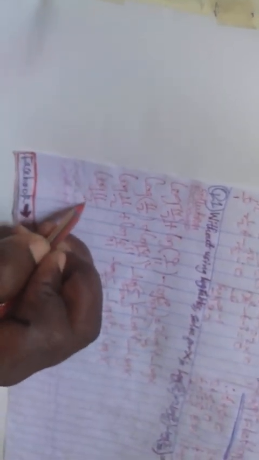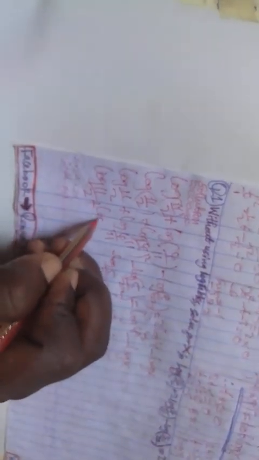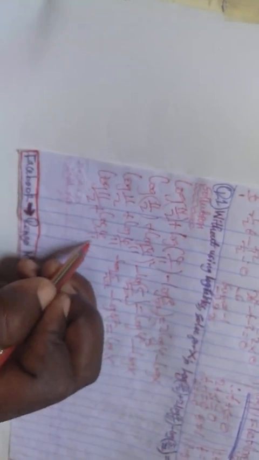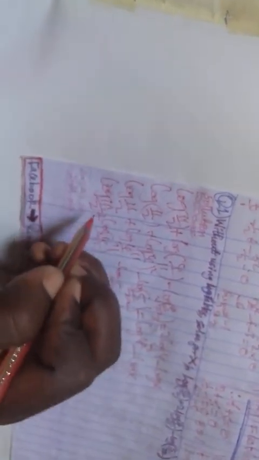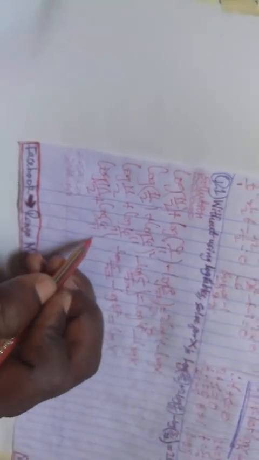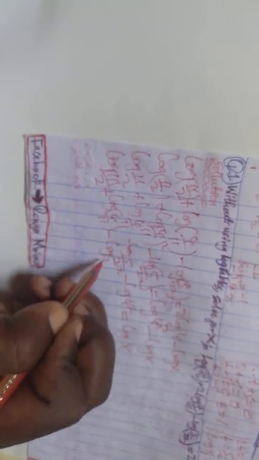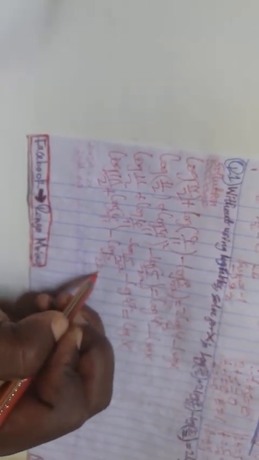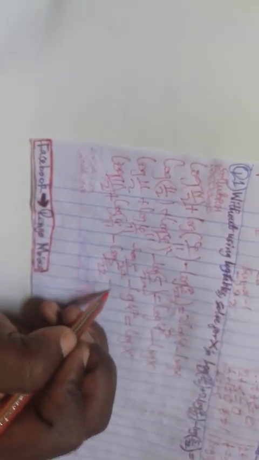This will further give us log 11/2 plus log 4/11 minus log 5/22 minus log 16 is equal to log x. Note that division goes with subtraction while multiplication goes with addition.